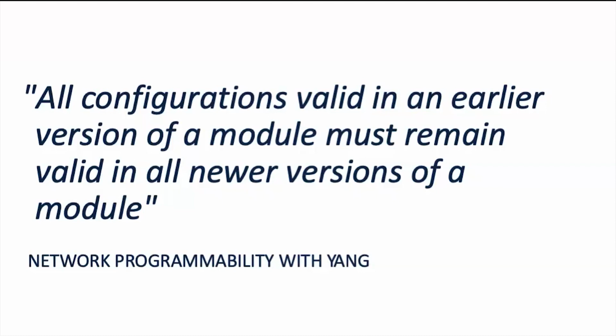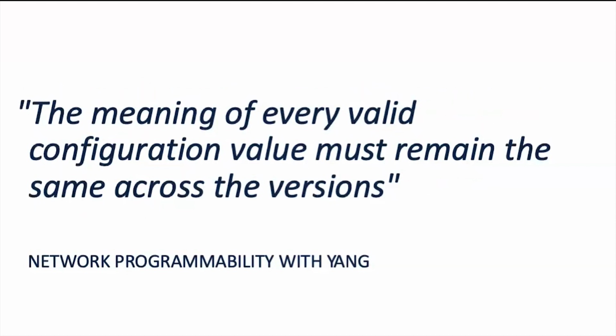So let's go to the second quote here that completes the definition of backward compatibility. The meaning of every valid configuration value must remain the same across the versions. What this means is that the existing configuration that you have or had on the device, as well as on the orchestrator side, still means the same thing in terms of the implementation on the device.